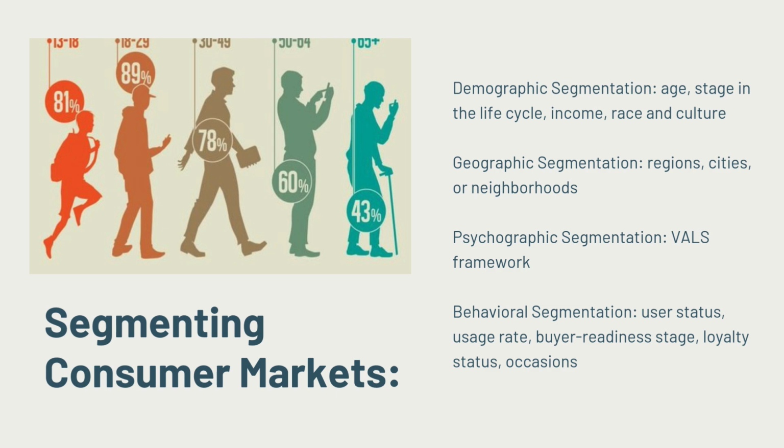Now, companies also segment customers by occasions, such as holidays or special events, to better understand when and why they buy certain products. So, again, you have your buyer readiness stage, which tells you how close they are to making a purchase. Then you have the loyalty status, and you also have segmenting customers according to occasions.